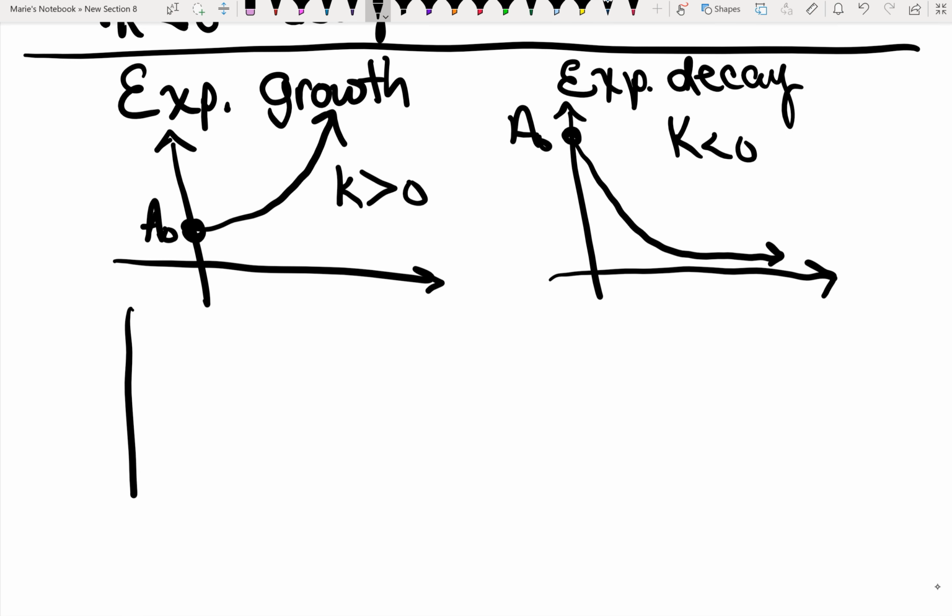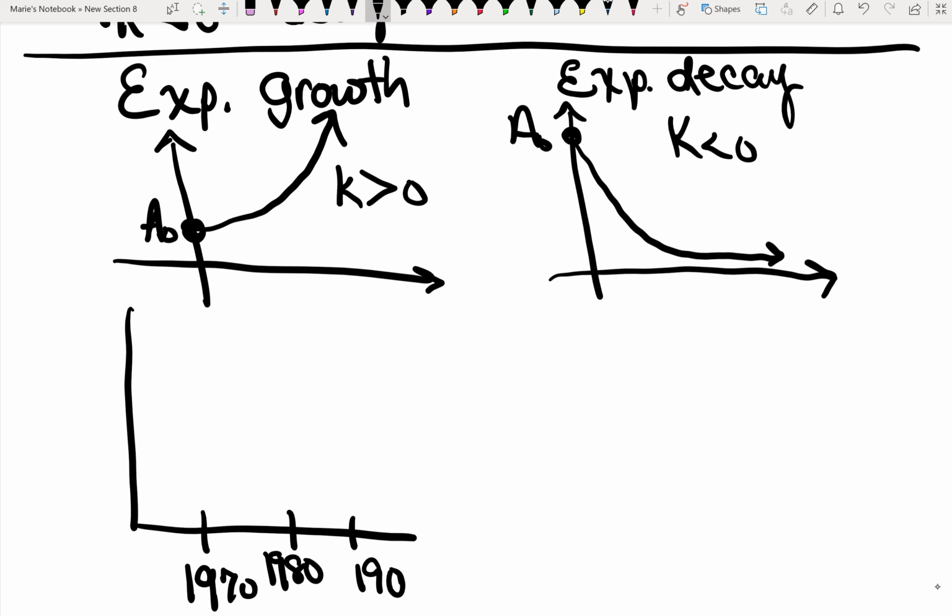So they have basically in the first quadrant, they have starting with 1970, then 1980, then 1990, then 2000, and then 2010. And they're looking at the population over here. So our population is going by 50s.